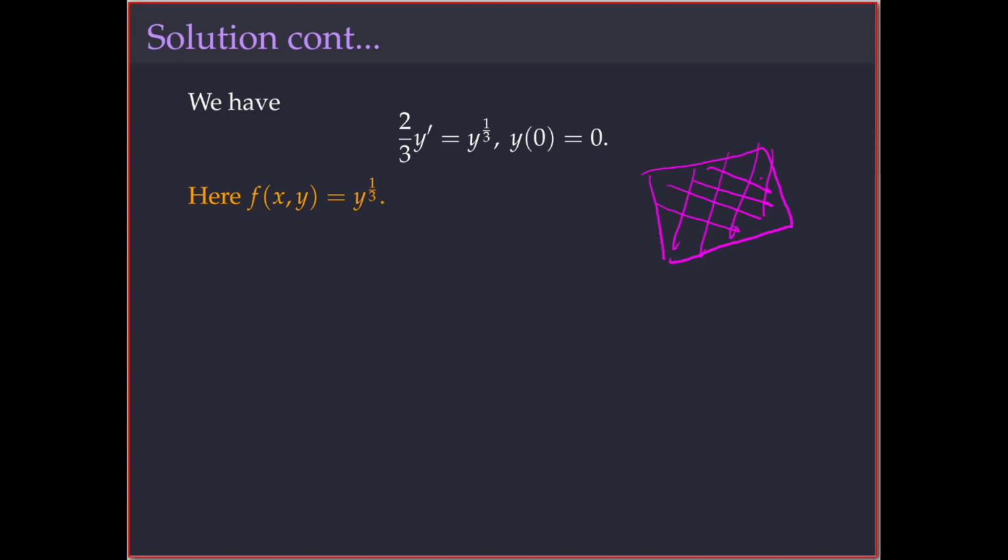And of course, it is bounded in this rectangle. So we can take, for example, a to be half and b also to be half. Then this is clearly a bounded function in this domain, and hence the solution exists.